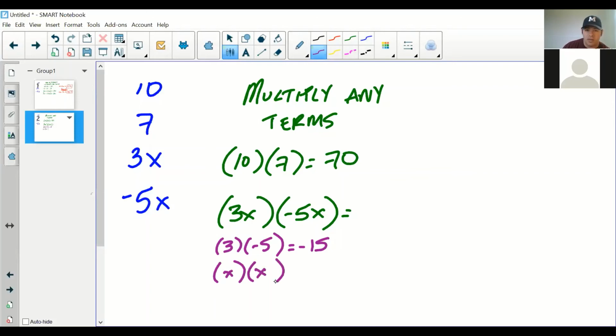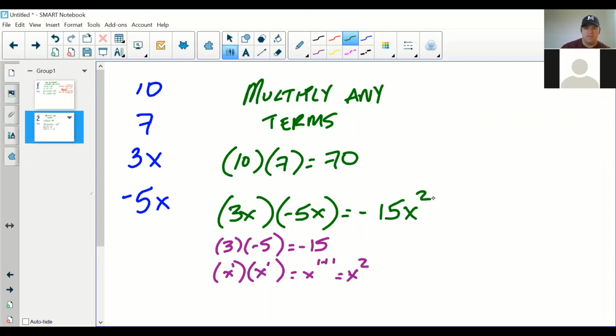If you need to think about that x having a 1 power, that's fine, go for it. And we know that we add exponents when we multiply our variables that are the same. So x to the first power times x to the first power would really be x to the second power. So 3x times -5x, maybe you already knew this and you were ahead of me on this, I don't know. Hopefully you were. -15x squared.